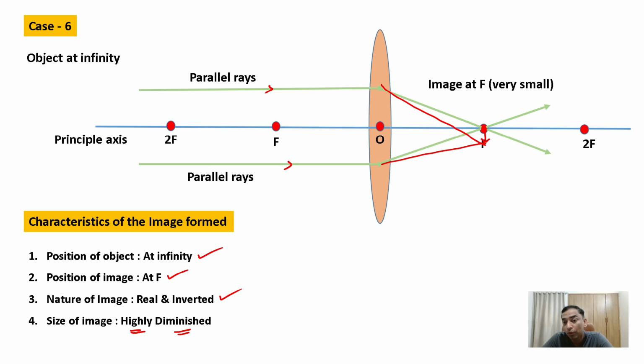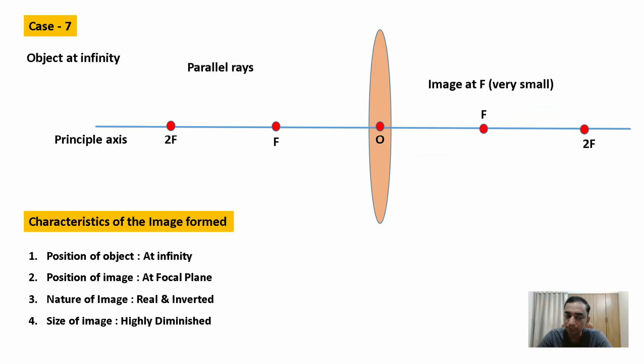But these two rays are meeting at this point, which is slightly moving towards the principal axis, and finally it is on the principal axis, which means the image is a very, very small dot size, which we call highly diminished. So just remember, when the object is at infinity or the image is at infinity, you need to use the word highly, right? So the image over here is highly diminished.